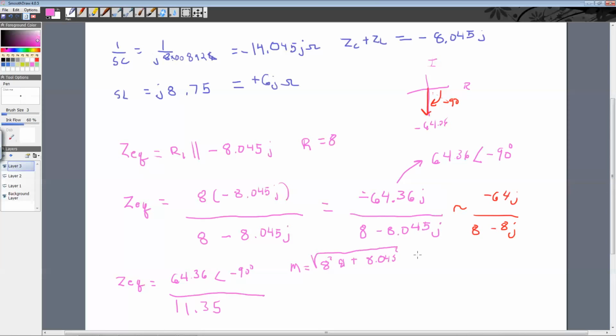And something I just remembered is that it's the real squared plus the imaginary squared. Even though there's a J here, that just means that's the imaginary number. You don't actually square that J. The imaginary just means pull out this, the real just means pull out that. Real, imaginary. All right.